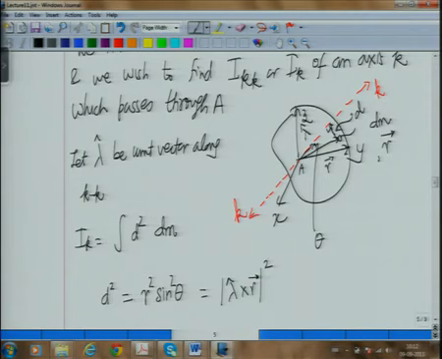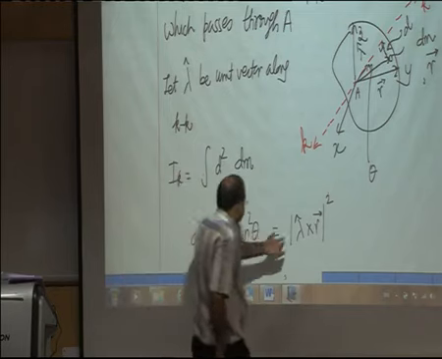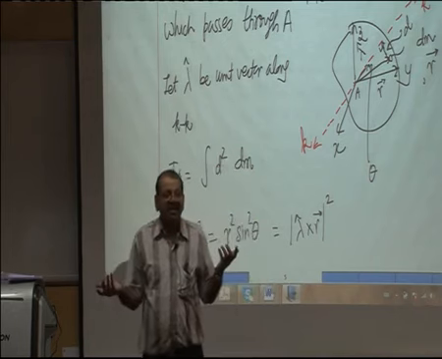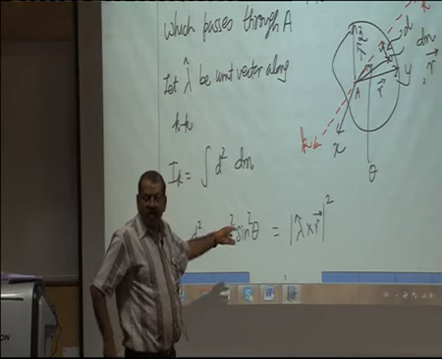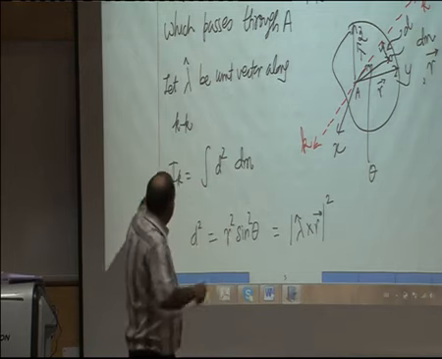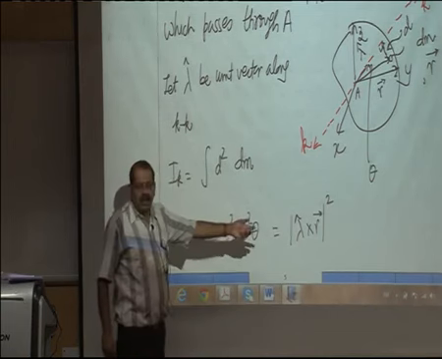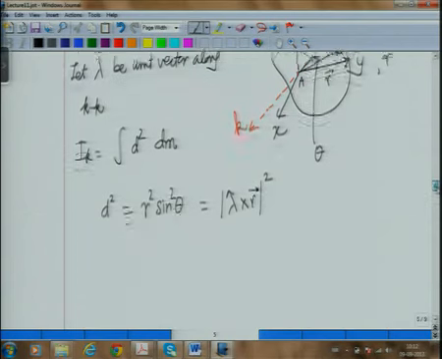Lambda is a unit vector, r is the vector along r. So, when I take lambda cross r, the magnitude of that will be r sin theta. So, lambda cross r squared will give me d squared. That means I_k is equal to the integral of |lambda cross r|^2 dm. That is what I will have to do.